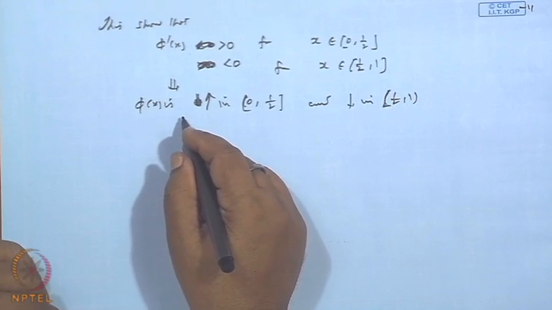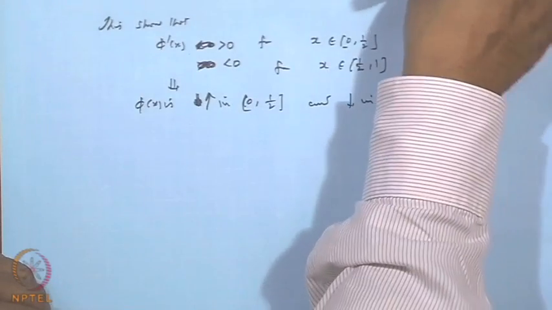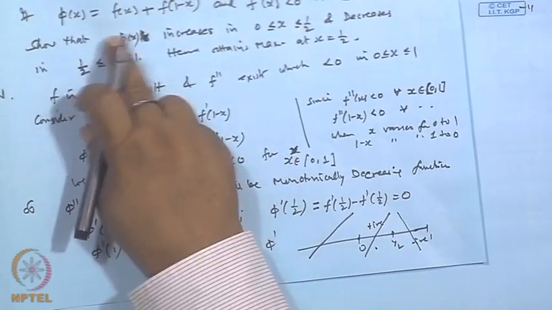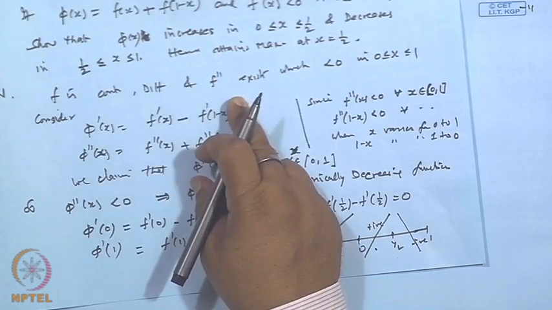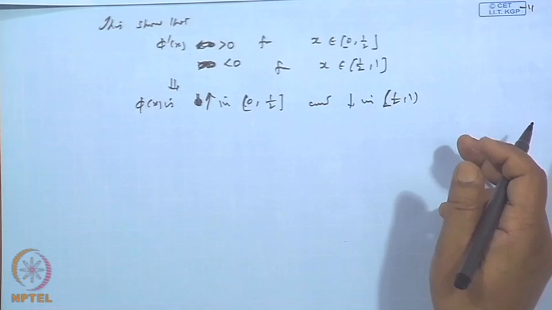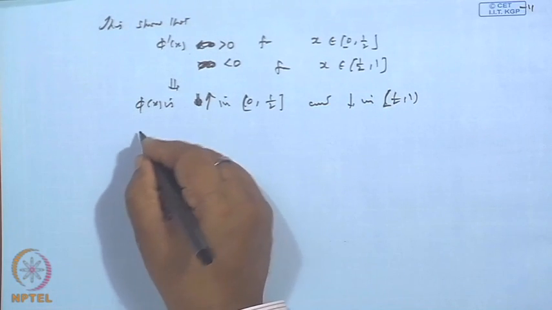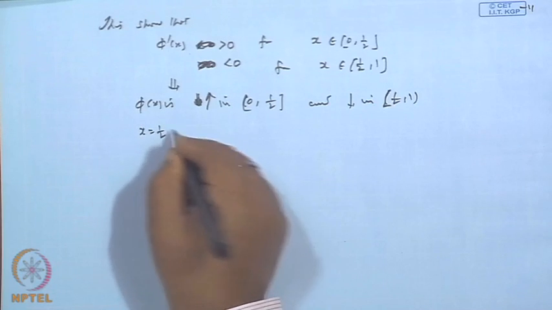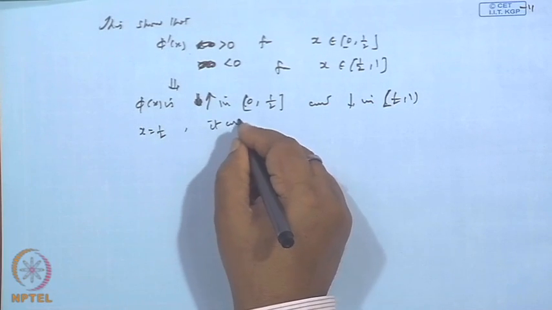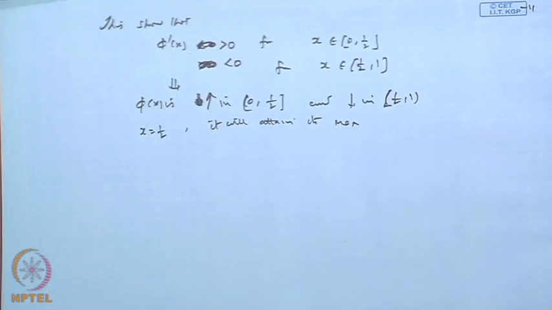So our function phi increases in this, decreases in this, and attains the maximum value at x equal to half, is it not?